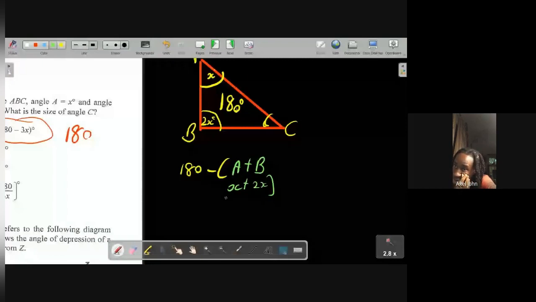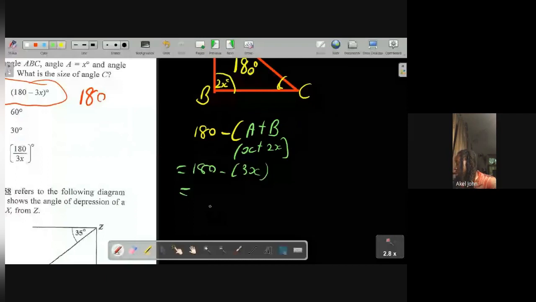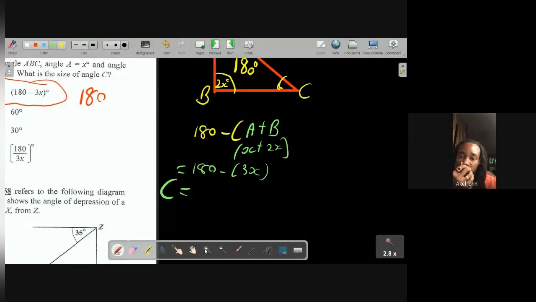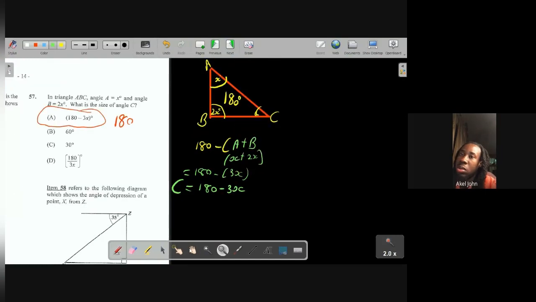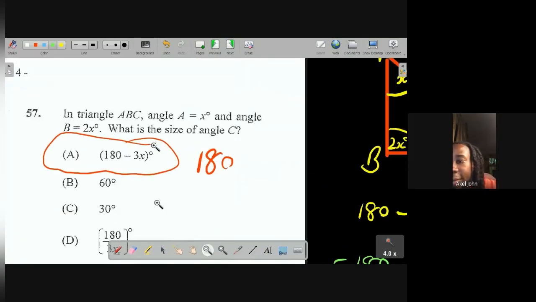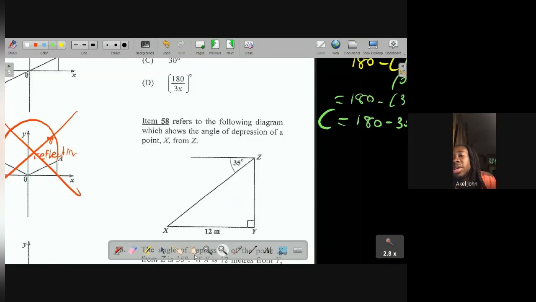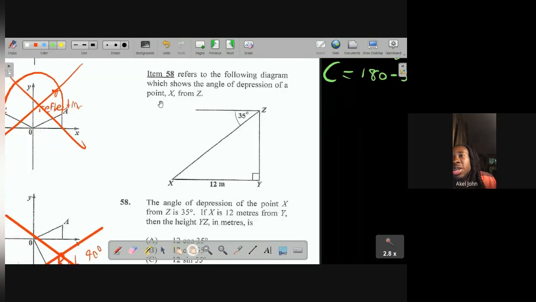And that would give us C. So that answer is A. Yes, A. 57 is A.